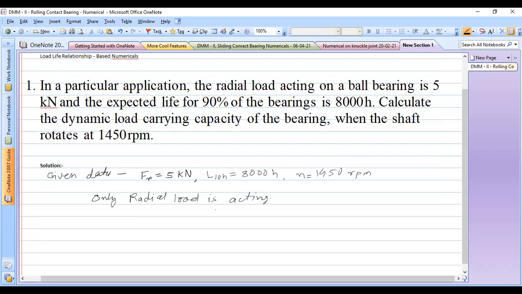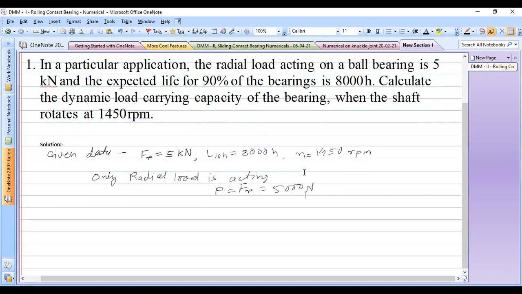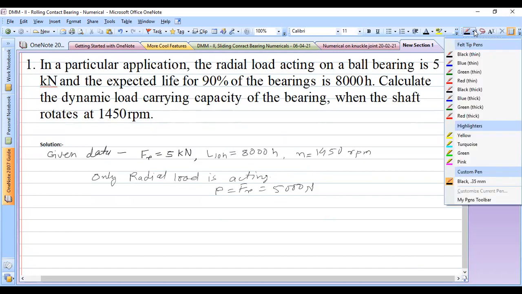So we can write capital P is equal to Fr is equal to 5,000 Newton. Can we write like this? Is it okay with everyone?